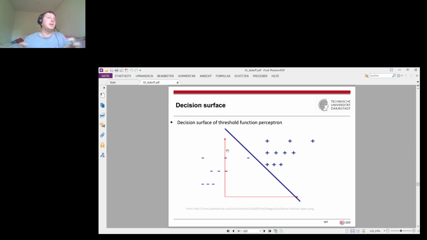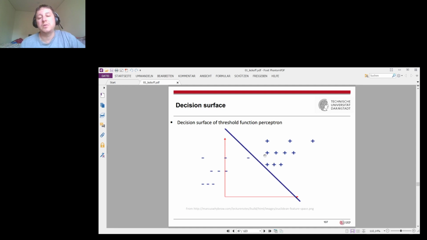So it labels objects, right? And the decision surface is a boundary region where on one side of the boundary region a specific label is given out, and on the other side of the boundary region, another label is given out. So in this example, you see pluses and minuses.